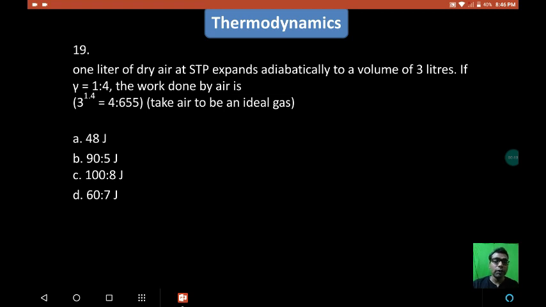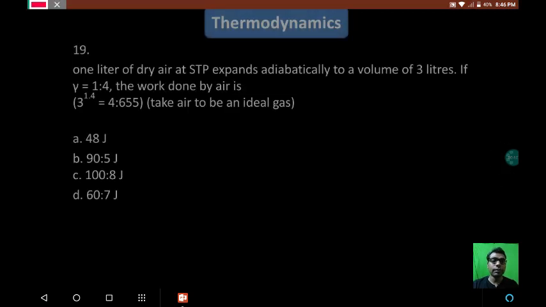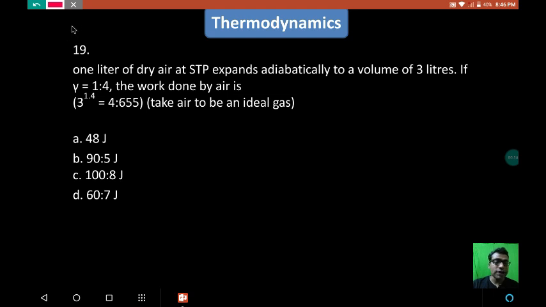So let us start with the problem. In this, as at STP, the pressure P1 is 1 atmosphere and the temperature I take in Kelvin as 273 Kelvin.